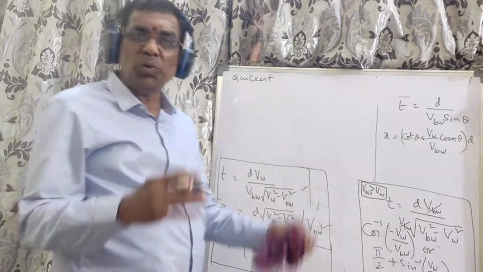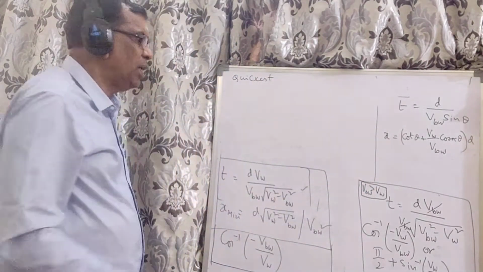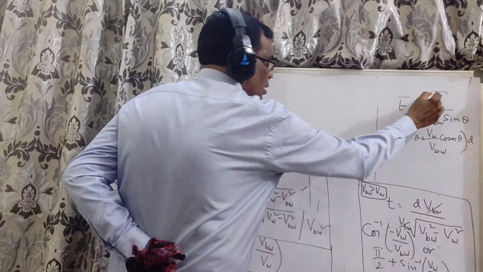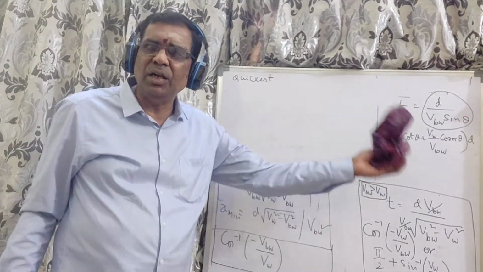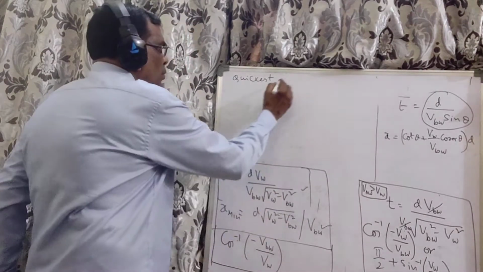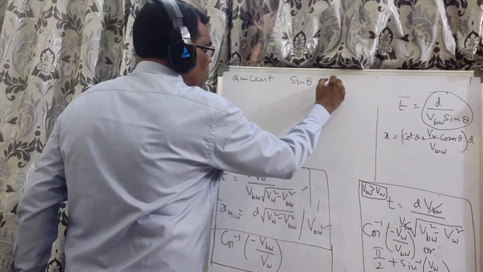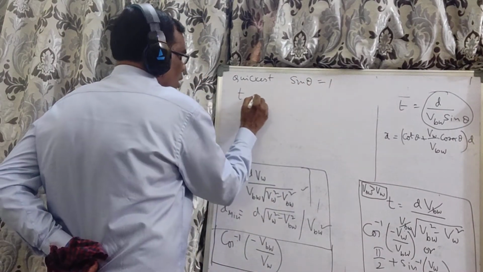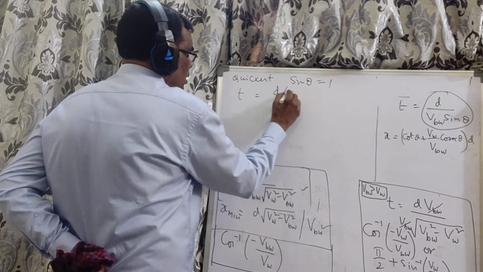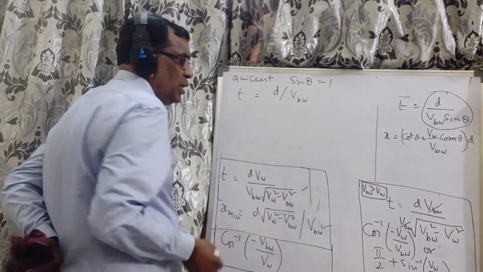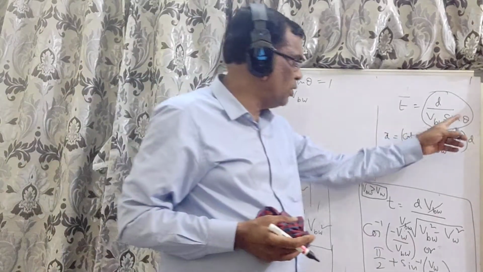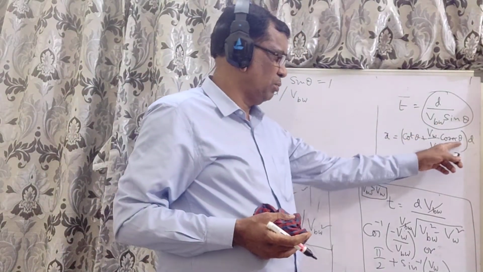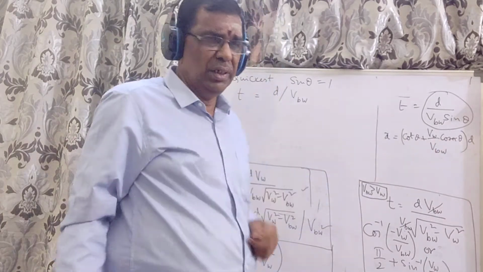Third case is quickest way to cross the river. Quickest way means least time. Least time means a denominator must be maximum. Therefore, sin theta maximum is 1. Therefore, the time is d by VBW, and if sin theta is 1, cosecant theta also is 1.